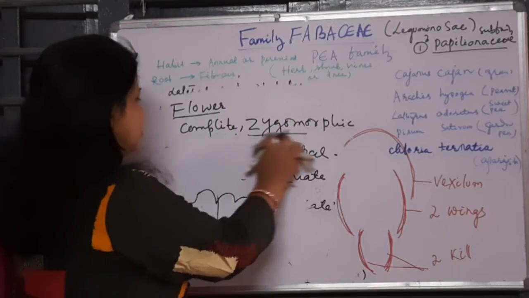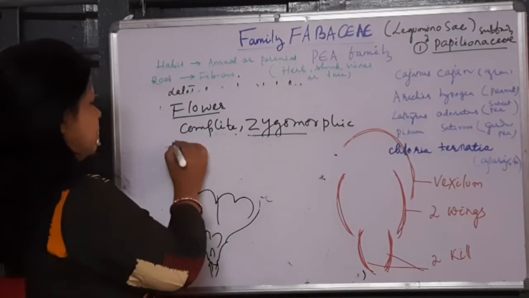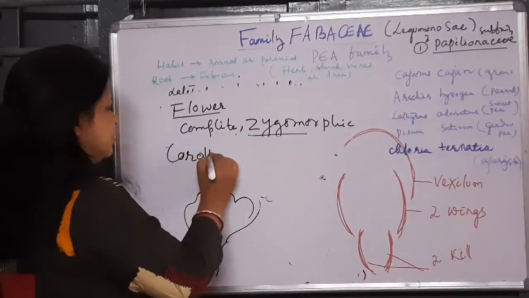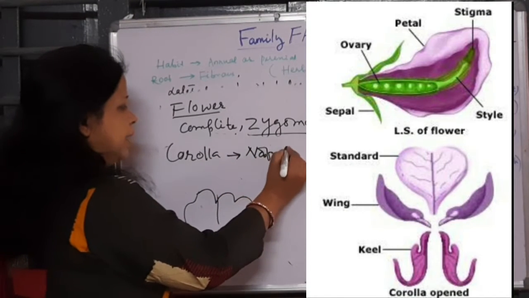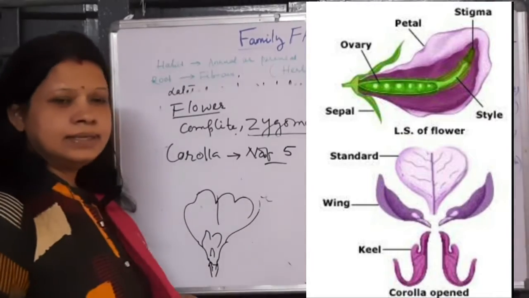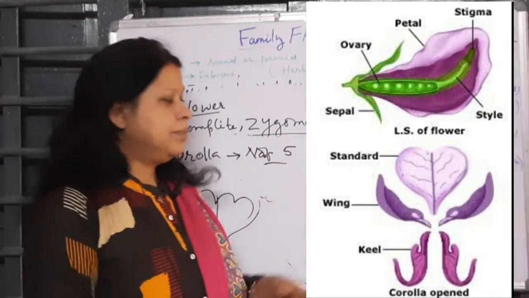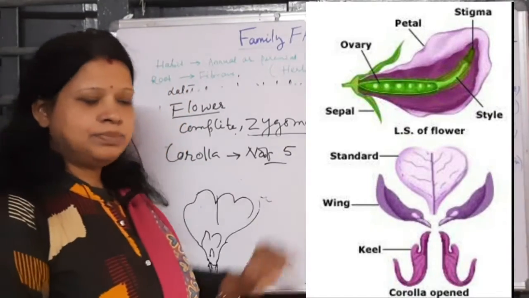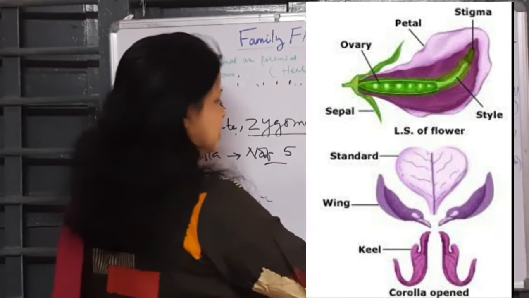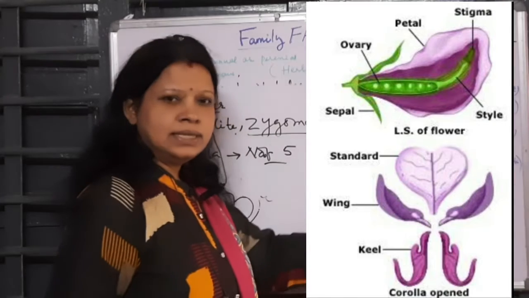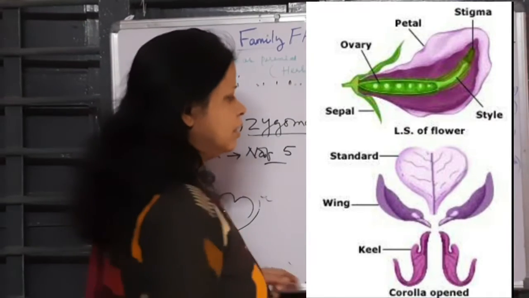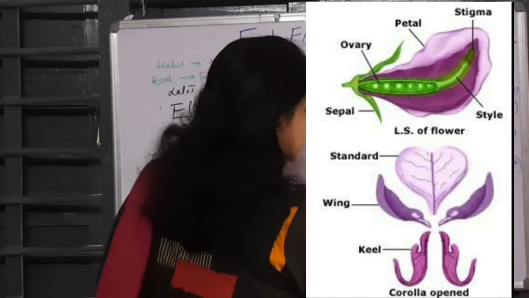Then comes to corolla. Number of petals, 5. And these 5 petals have an outermost large petal, which is known as vexillum or standard.